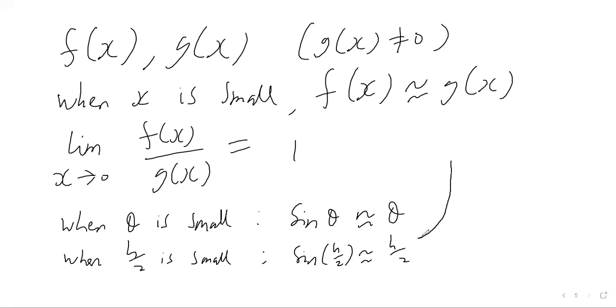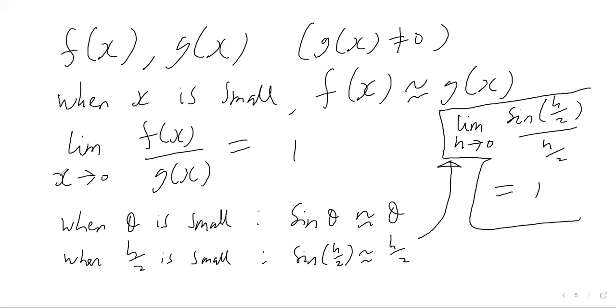And so from there, what we can now deduce is that the limit as h goes to 0 of sine of h over 2 divided by h over 2 must be 1, using this result over here.